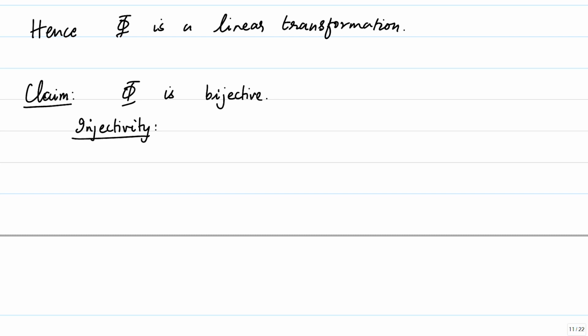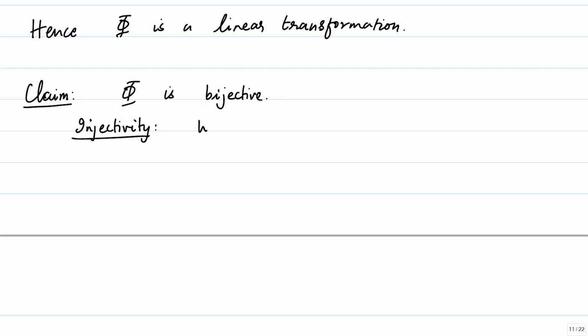When is a linear transformation injective? It's injective if and only if the null space is 0. So if you notice, this particular problem is using almost a very big chunk of the theory that we have developed so far. So I would request you to carefully look at the problem again once more after you go through this.